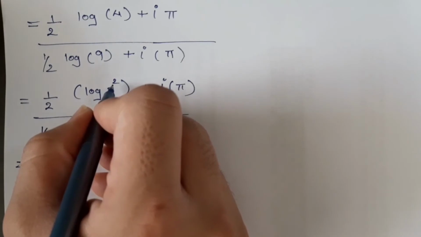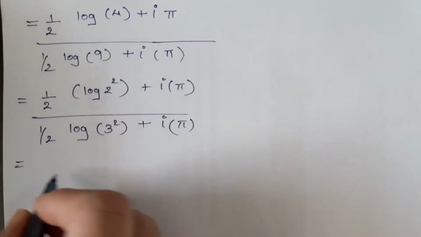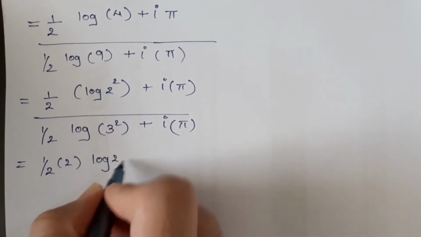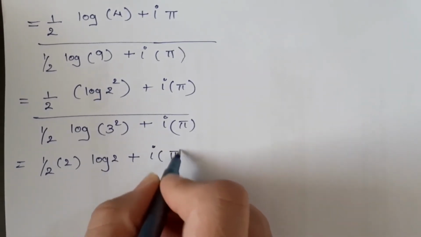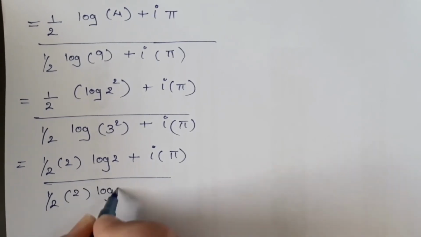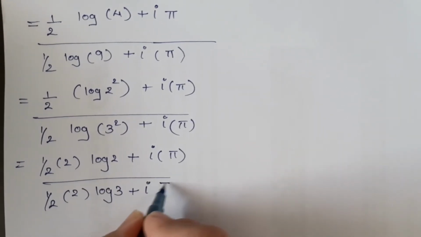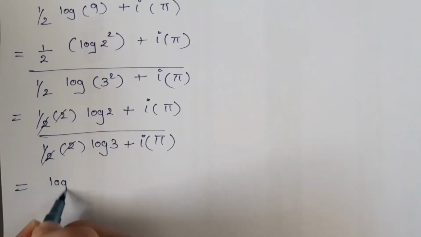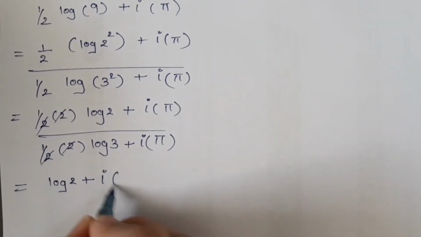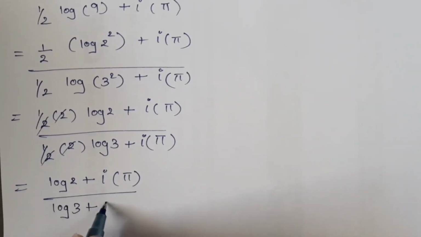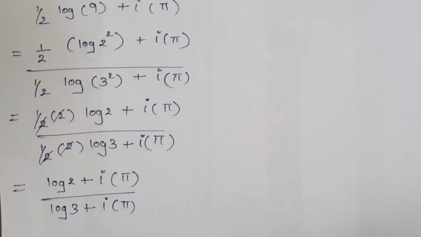Now by the power rule of logarithm, this 2 comes down, so it will be 1 by 2 into 2 into log 2 plus i into pi, divided by 1 by 2 into 2 into log 3 plus i into pi. Now this 2 and this 2 get cancelled, so we will get the final answer as log 2 plus i into pi upon log 3 plus i into pi. Okay, so this is the answer.